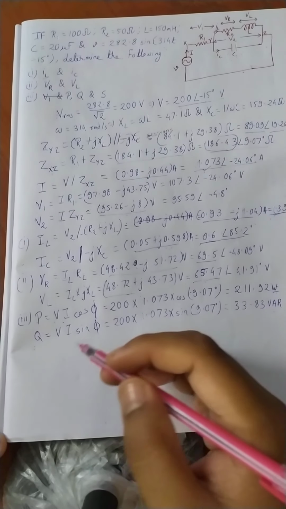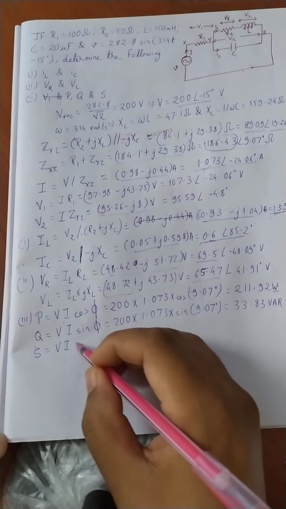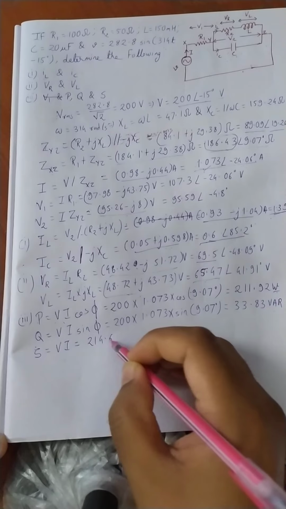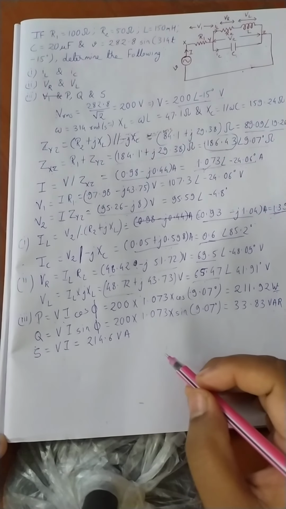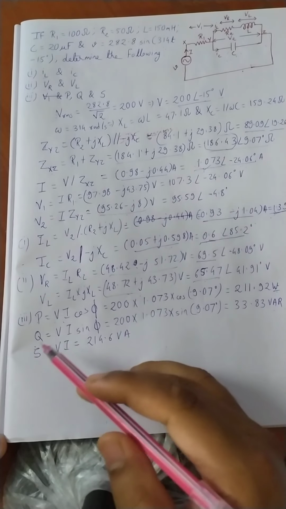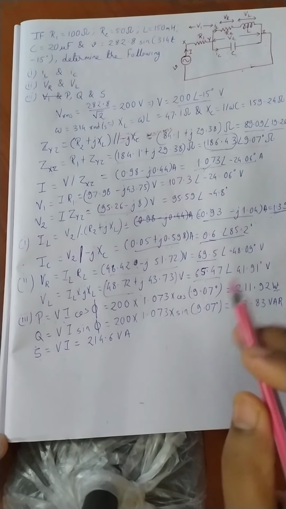This W stands for watt. And the apparent power S should be equal to VI, that is coming to be 214.6 VA. That you should be getting over here. VA stands for volt ampere. S is the apparent power. So active power, reactive power and apparent power we have found.